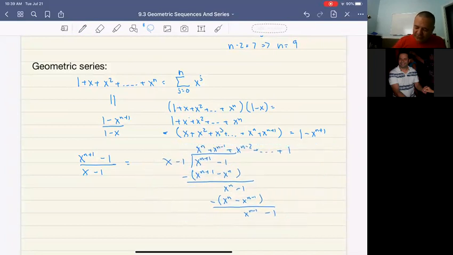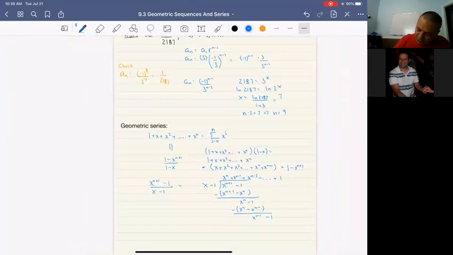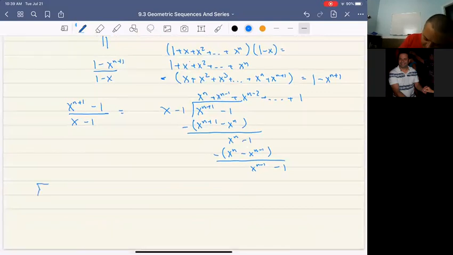Okay, so let me write that down one more time. The sum, let's write it k, I like k better today, goes from 0 to n of x to the k, which equals 1 plus x squared all the way up to x to the n equals 1 minus x to the n plus 1 over 1 minus x.